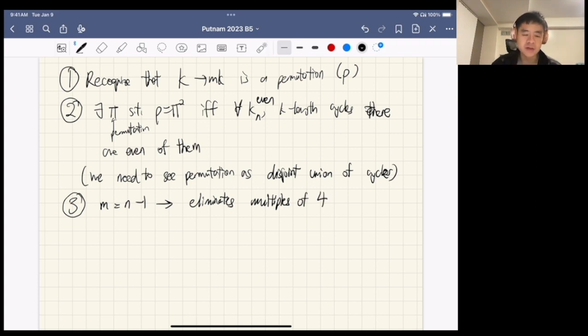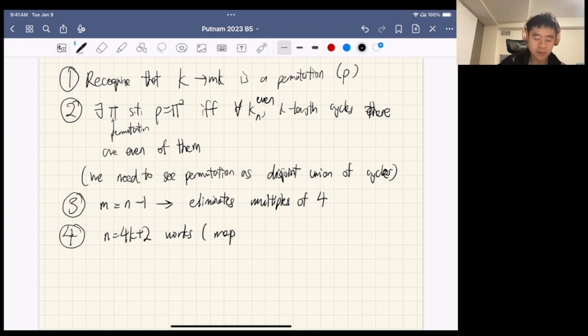Well, technically 4k minus 3, but we can also use the method for other odd numbers to eliminate that. And then the fourth one is that n equals 4k plus 2 works, where we just do a pairing of cycles via a_i to 2a_i, where this is odd.